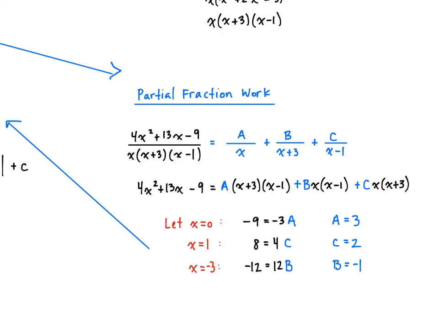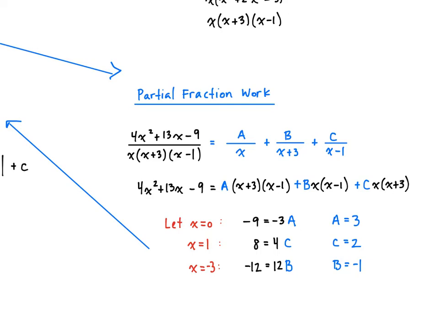The last thing I look at is that I need x to equal negative 3 if this x plus 3 factor goes away. That will get our A term and our C term away so that we can solve for B. Plugging negative 3 into the left side, we get negative 12. Then negative 3 times negative 3 minus 1 gives us positive 12 times B, and we get B to be negative 1.